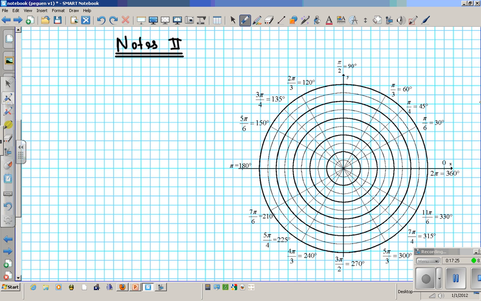So write down this example in your notes. This will be graphed on the graph paper.